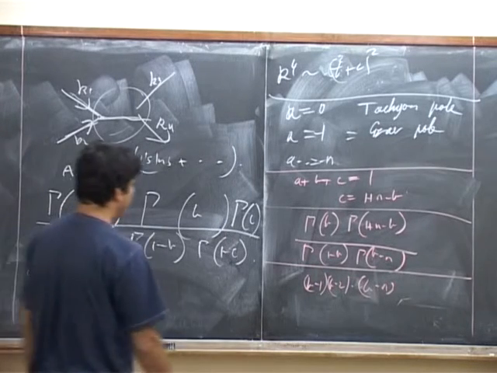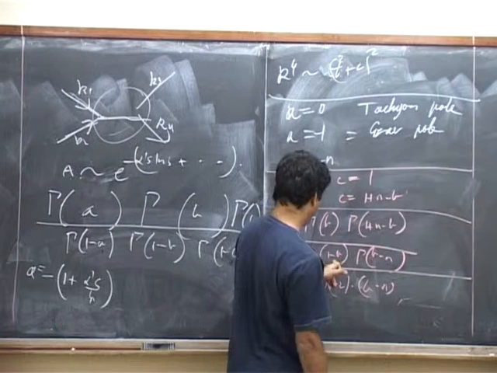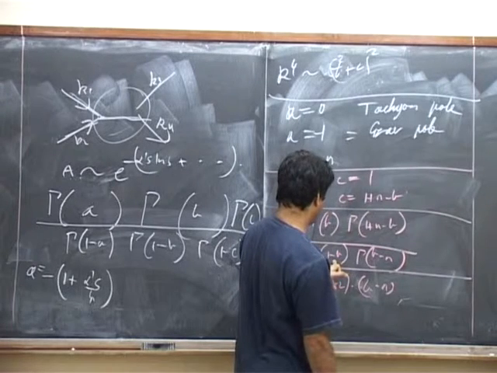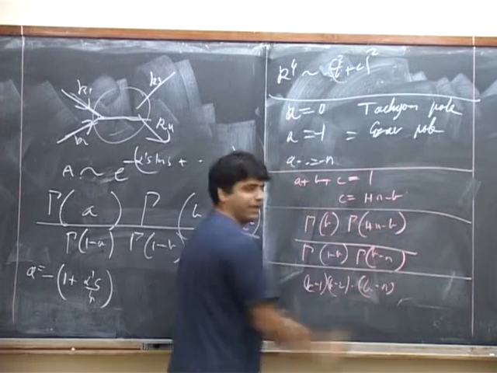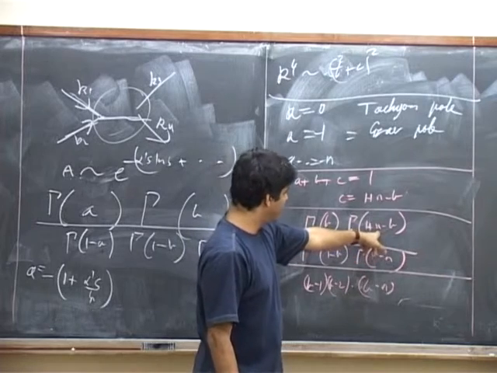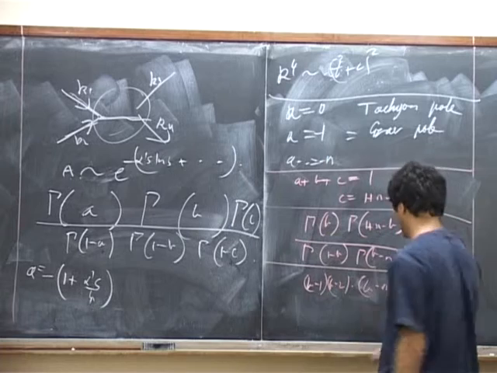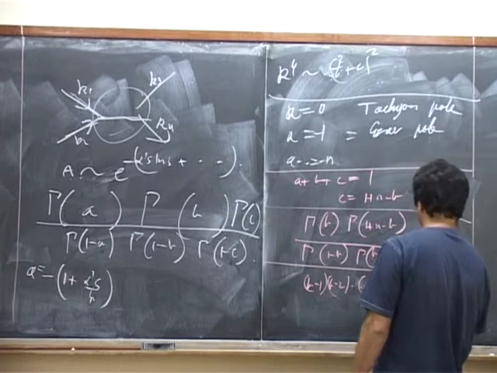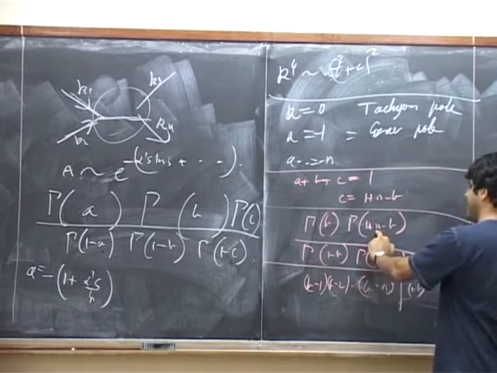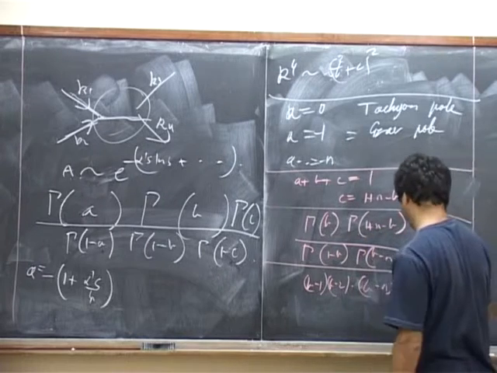Similarly, here, this guy is the larger one. Once again we get factors up to 1 minus b, and the first factor we get is n minus b.